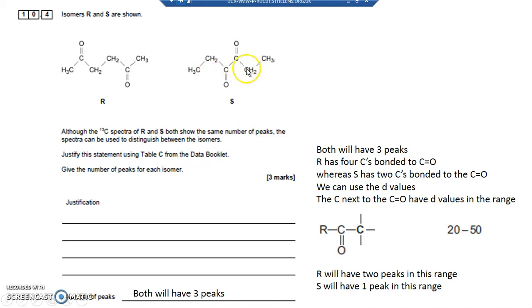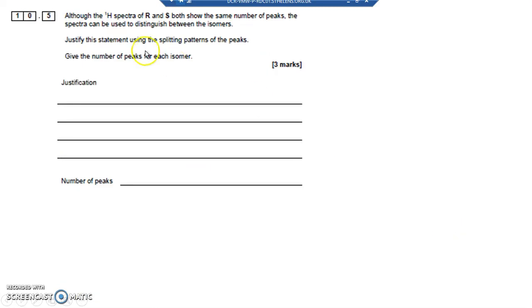So these 2 CH2s, which form a single peak because they've got carbons in the same environment, that single peak will be in the 20 to 50, but this CH3 is not in the 20 to 50 range. It only has 1 peak. S only has 1 peak in the 20 to 50 range.